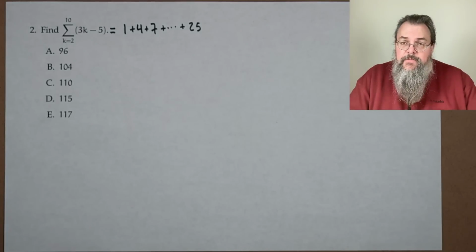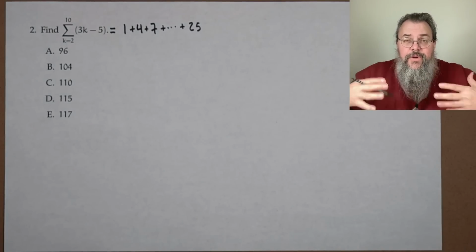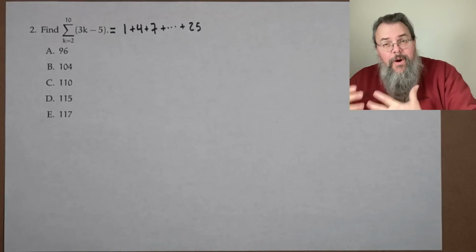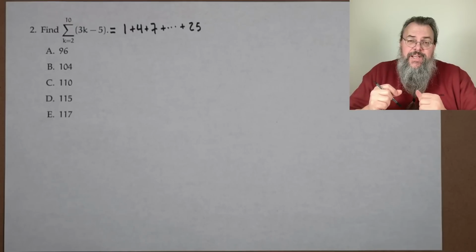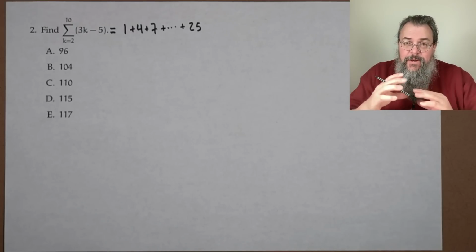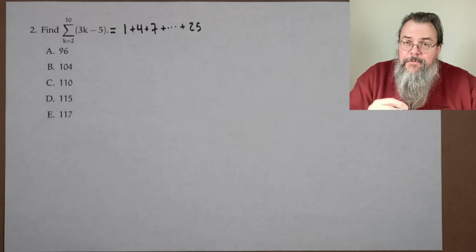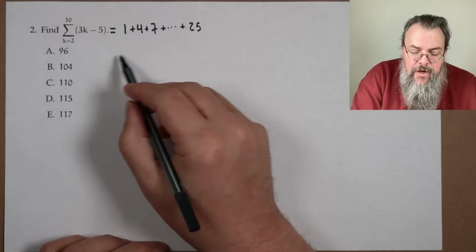Let's talk about some other things that we can do, because I don't want to focus on the brute force approach. While it works, it's easy to make a small arithmetic mistake, and that can get us into trouble. So I want to talk about things that are a little bit more not brute forcey. Okay, so here's sort of two options.